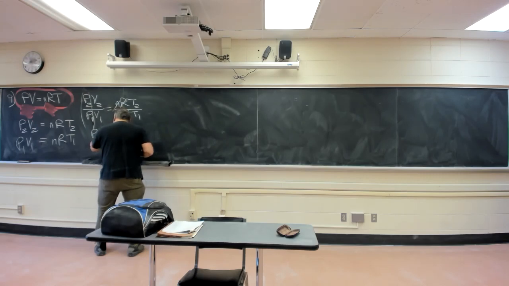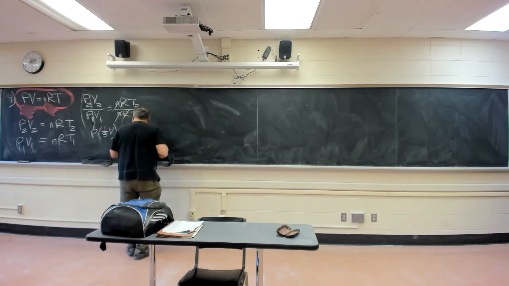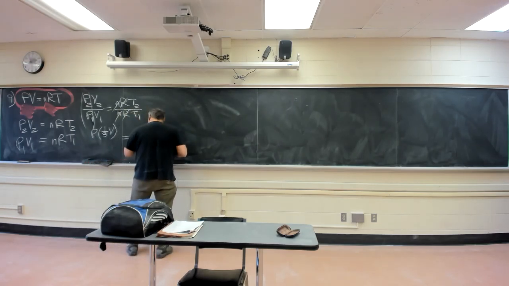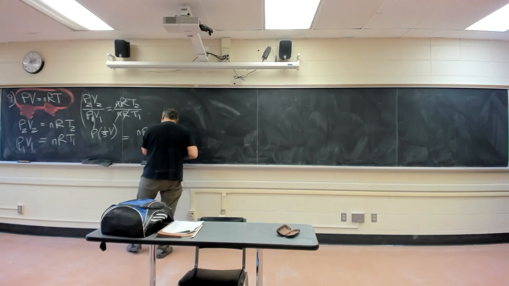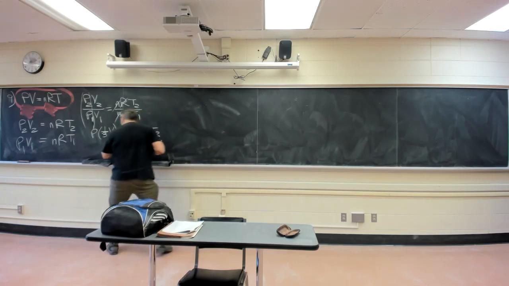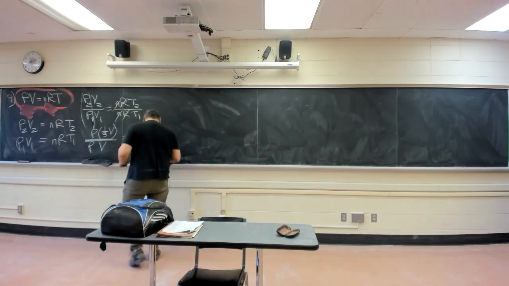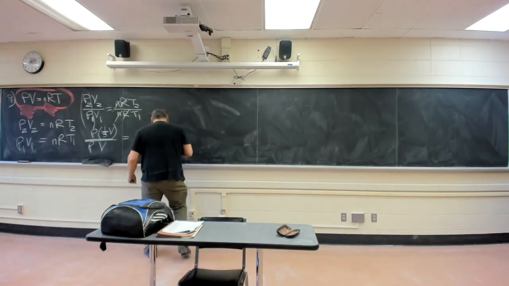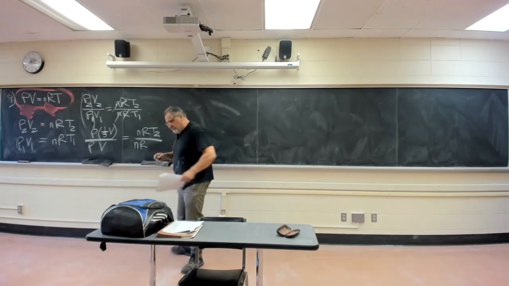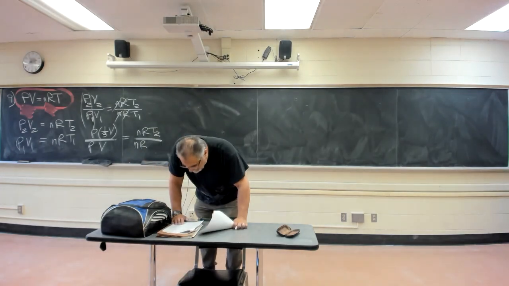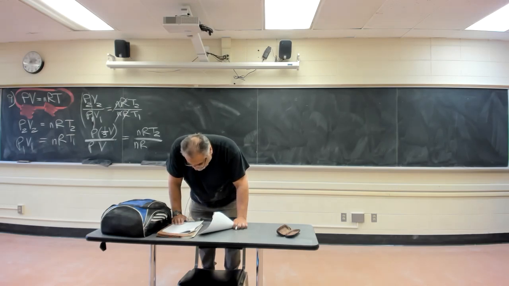The end scenario is pressure P, going to 1/3 the volume that it once had, and that's associated with nRT sub 2. The other side has the same pressure and just V, with nRT sub 1. They're telling us it's 178 degrees Celsius.